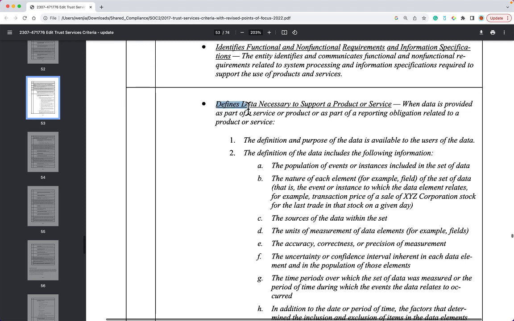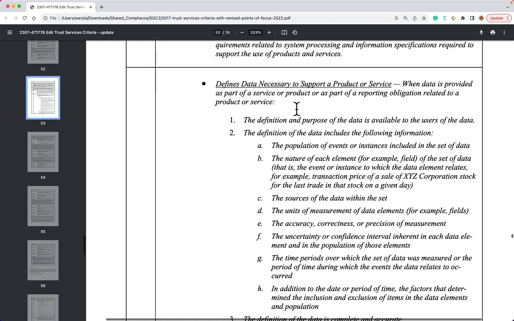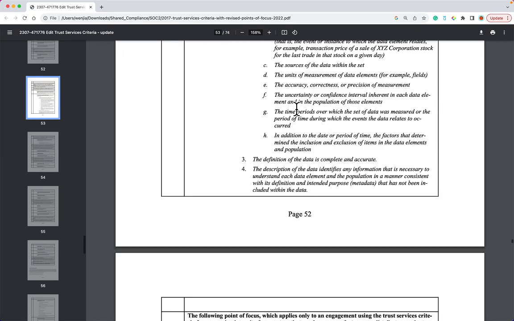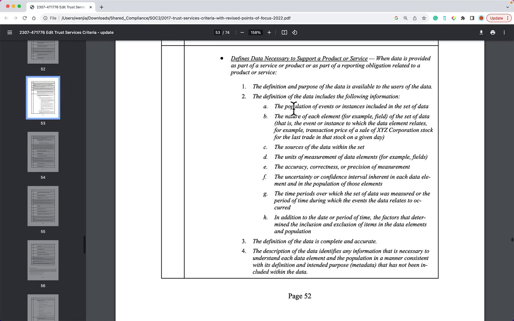Next, defines data necessary to support a product or service. When data is provided as part of service and product, as part of a reporting obligation related to a product or service, this point of focus gives advice on the definition and purpose of the data available to the user of the data.